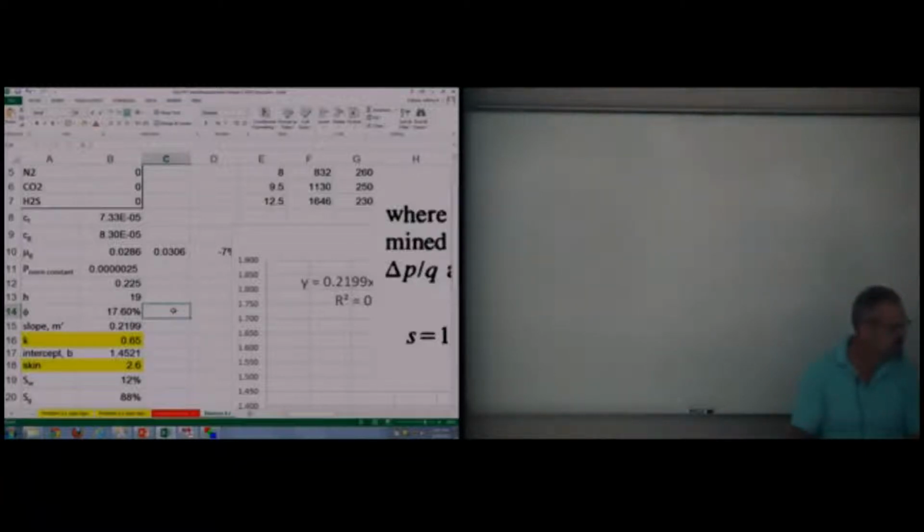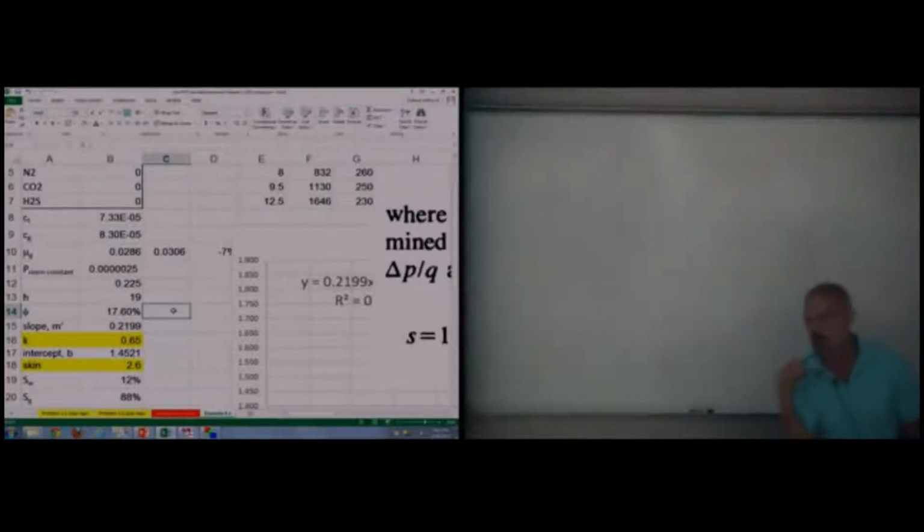Perm is 0.65 and skin is 2.6. And the answer is wrong if you give me more than 2 significant digits. I'm joking, but in the real world, we hardly know anything in petroleum engineering to more than 2 significant digits. If anybody tells you they know porosity to more than 2 significant digits, I don't know where they're coming from. Perm, typically, is known to an order of magnitude.